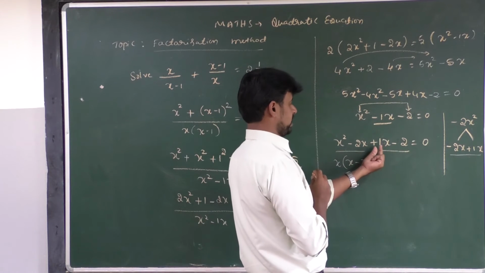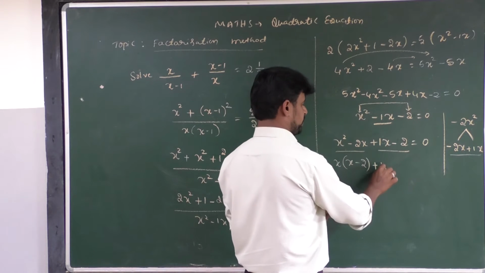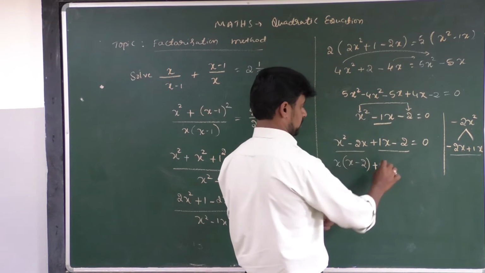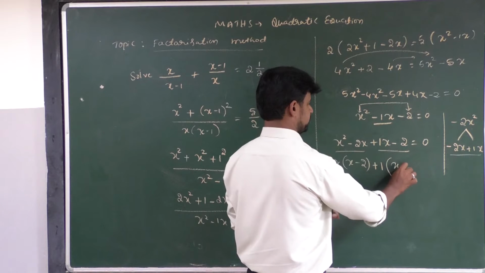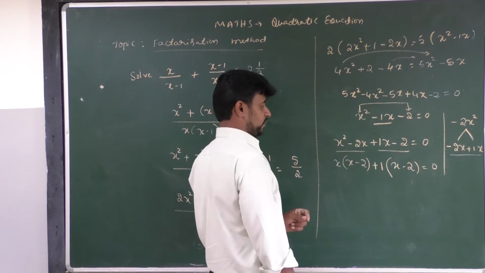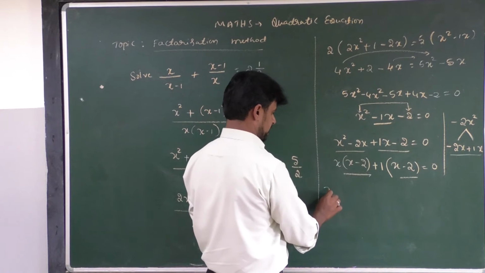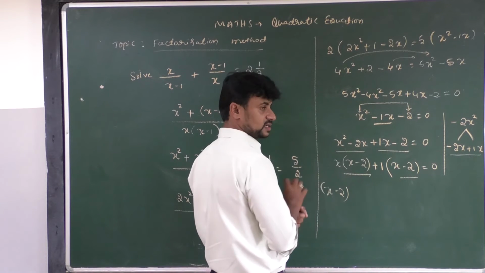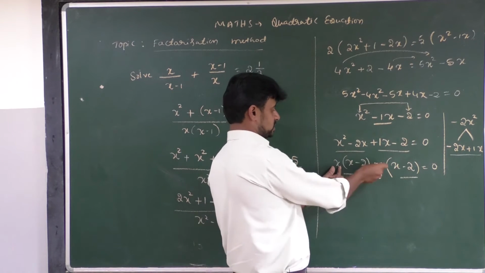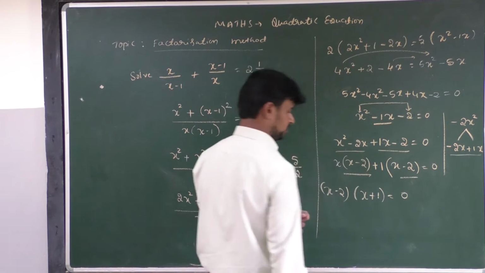In this case, we can take only 1 as common, because there is no other common factor, so we take only 1 as common. 1 into x minus 2 is equal to 0. Afterwards, once again you have to take common. x minus 2 is common, so take it outside. If you take x minus 2 as common, the remaining terms are x plus 1 equal to 0.